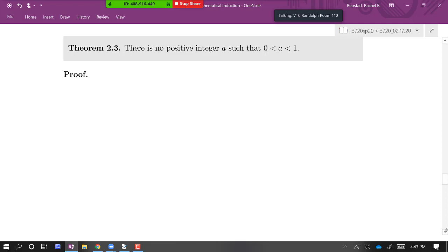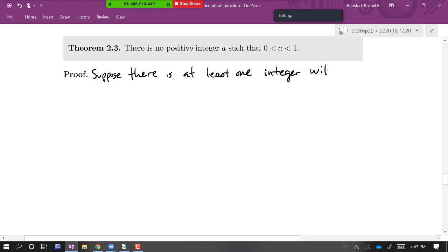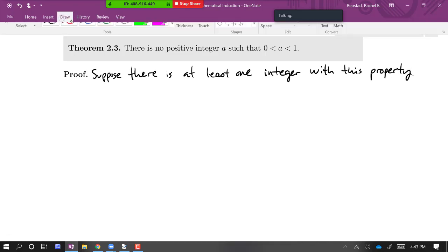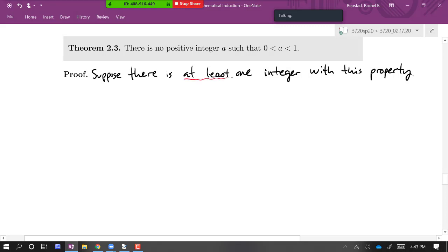So we're going to suppose that there's at least one positive integer between 0 and 1. So let's suppose there's at least one integer with this property. And we'll just look at the set of all of these integers.